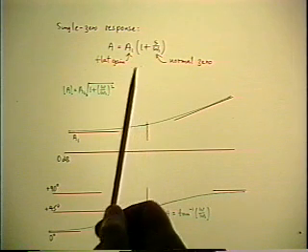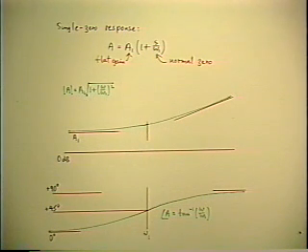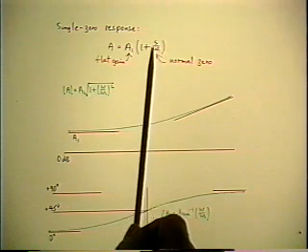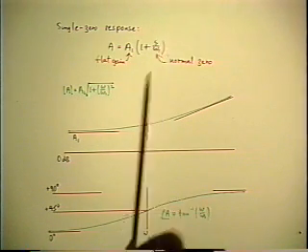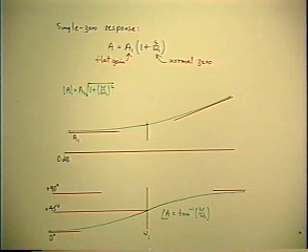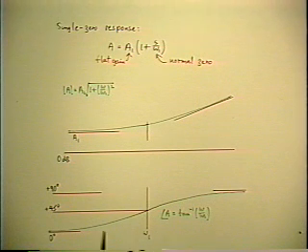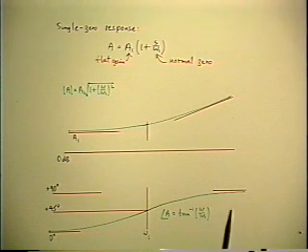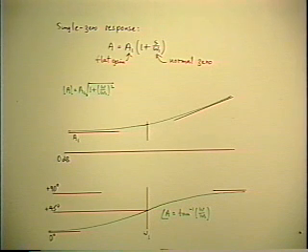Now you see that the same thing applies to the phase graph, because the phase function for a zero is simply plus the arctangent of omega over omega 1. So it's simply the reversed sign from what it was for the pole, which is a vertical inversion of the phase graph, because that was already on a linear scale. So a zero gives a phase lead from 0 to plus 90 instead of the phase lag from 0 to minus 90.